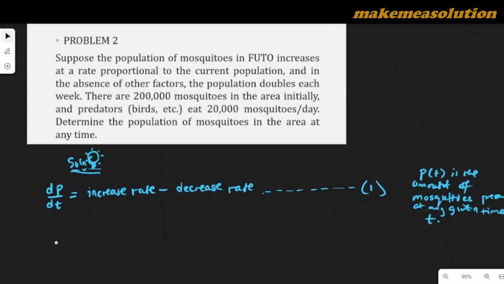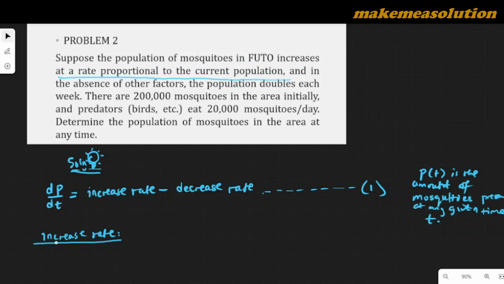Now we are going to obtain our increase rates and our decrease rates respectively. Let's start with our increase rates. So to get our increase rates, we are given in the body of the question that the population increases at a rate proportional to the what? Current population.